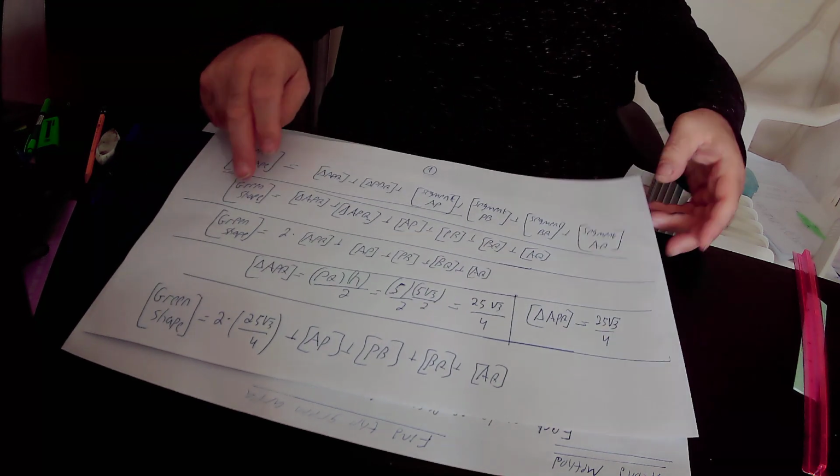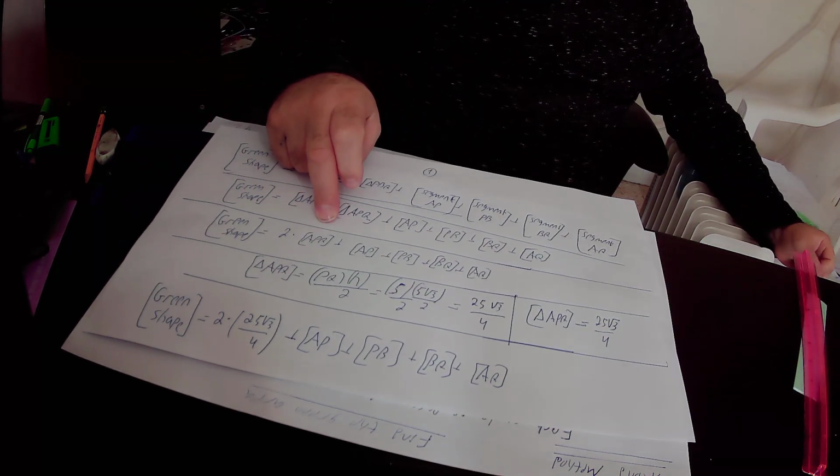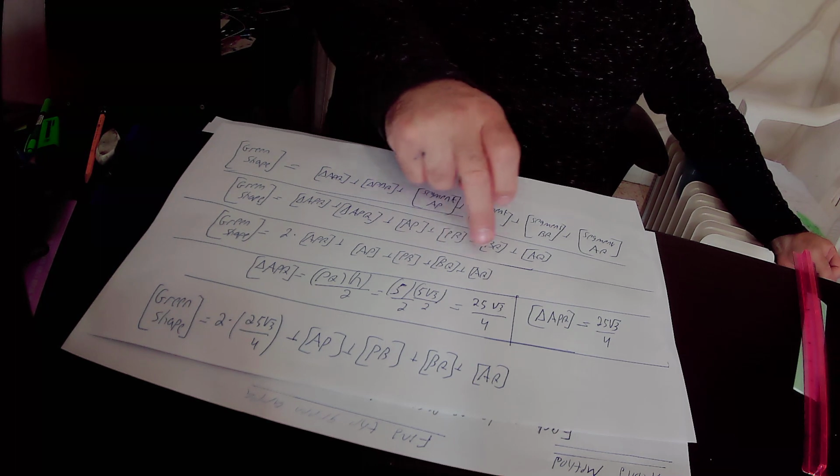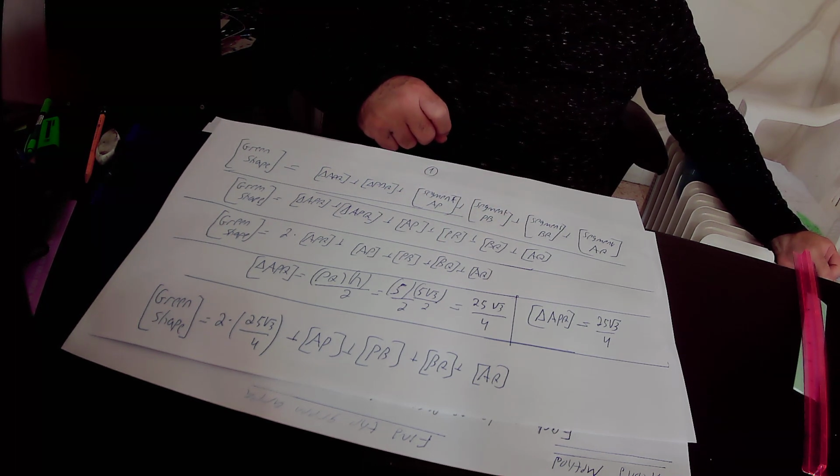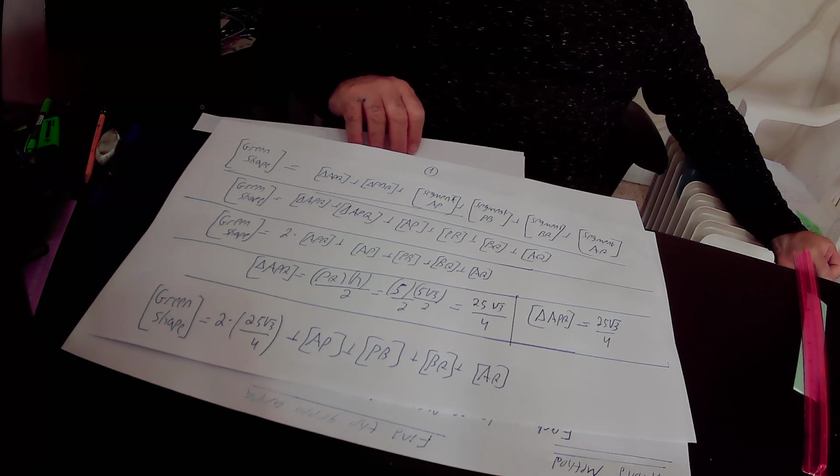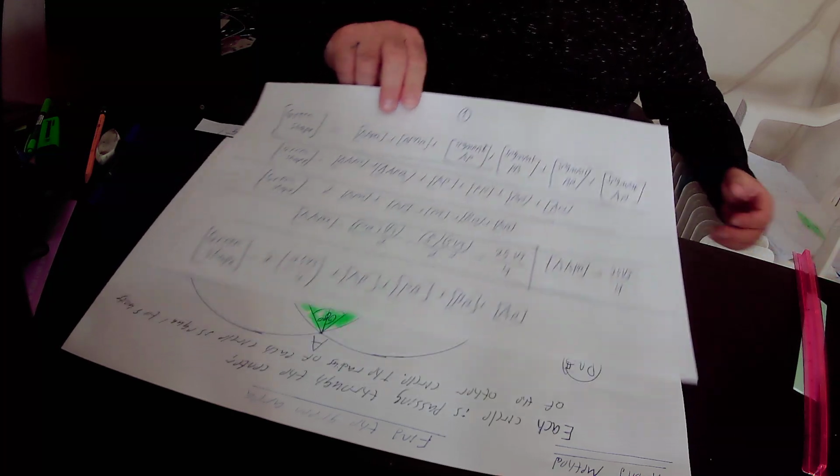So the area of the green shape equals 2 times the area of triangle APQ plus the area of the 4 segments. And what is the area of triangle APQ?